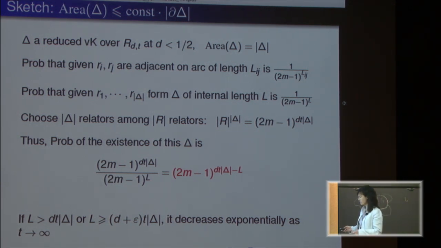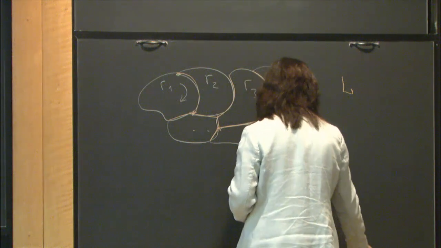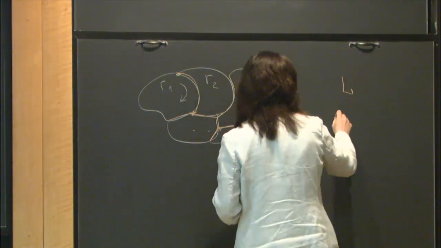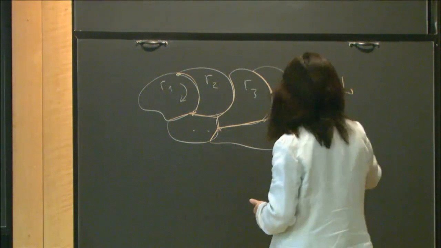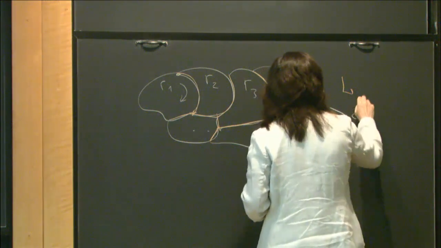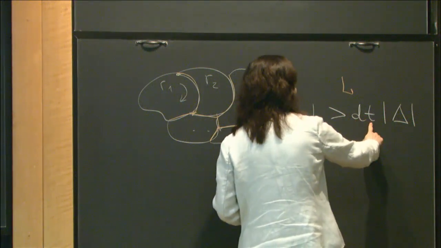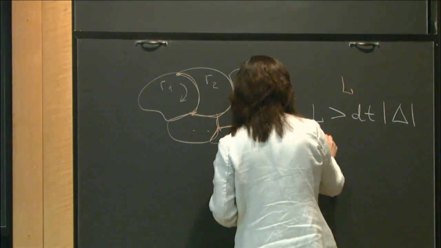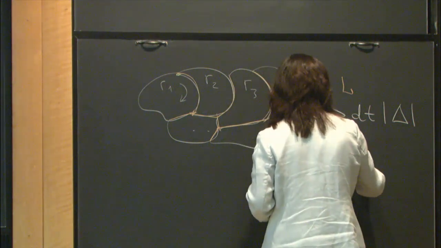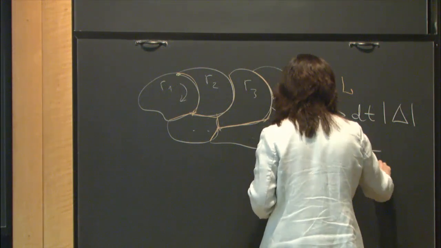And now, let us write what we had in this situation. Under the condition that L is strictly greater than dt, where d is our density parameter, t the length of relators, and the number of faces in the one-component diagram, then the probability we estimated is this.